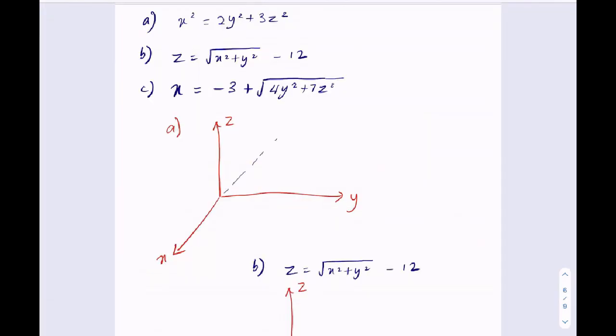This is 3 questions on cones. Okay, we try to discuss each of them. Go to question A, x squared equals 2y squared plus 3z squared. This is actually a double-sided cone along the x.